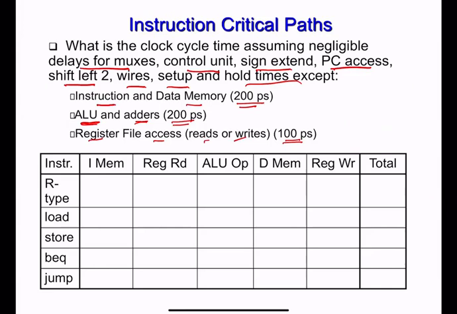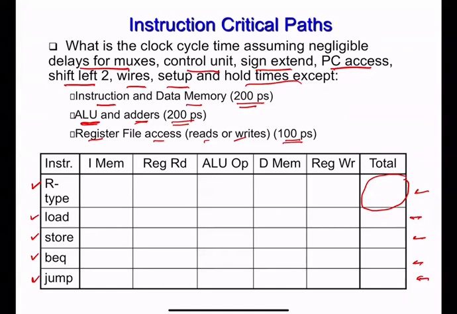According to this information, we need to see how much total time is consumed if I have an R type, a load, a store, a branch equal, or a jump. According to these values, I will know what the longest is, and accordingly I will know the critical path, and then I will choose my clock period.